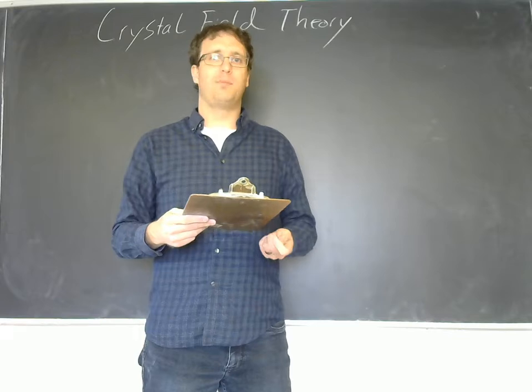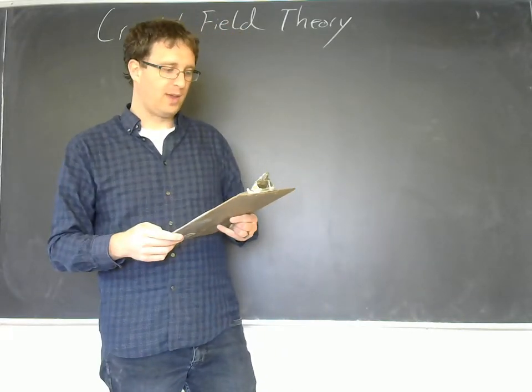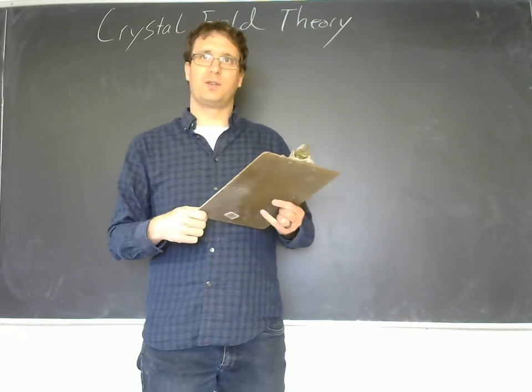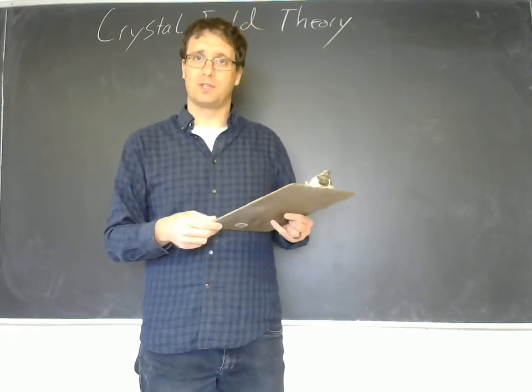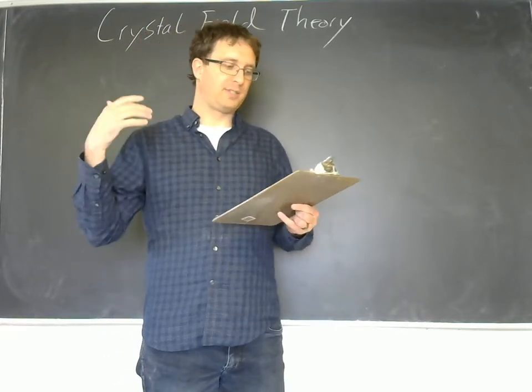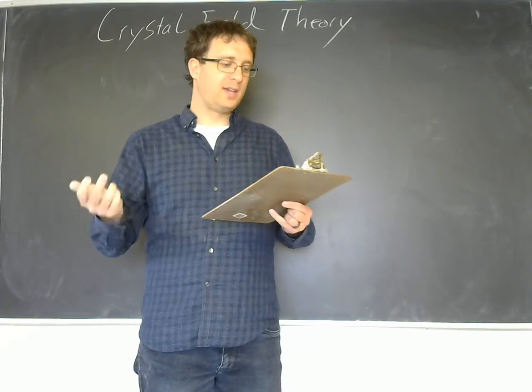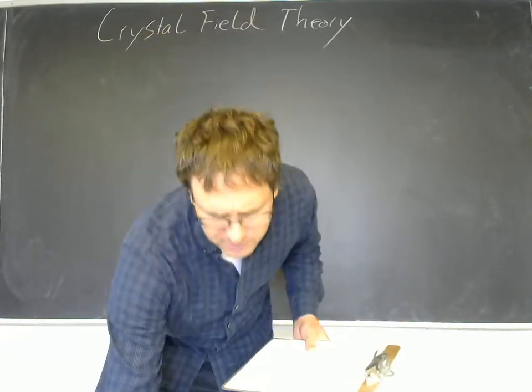But anyway, to start with, we just need to talk about crystal field theory itself, which says how the energy levels will shift. So ultimately we'll be able to predict electronic, magnetic, and spectroscopic properties of coordination compounds. So that's what we're going to build up to in the next section.